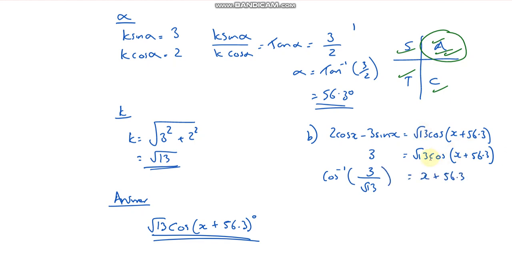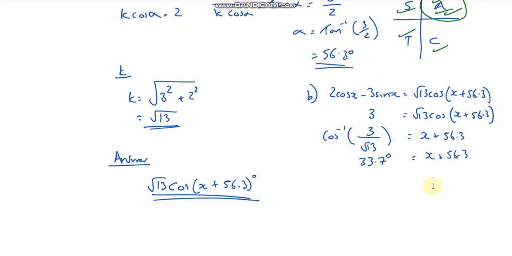So all I've done is divide by root 13, shift cos. So what does that give me then? 3 over root 13, inverse cos, shift cos. That's going to give me 33.7 degrees.